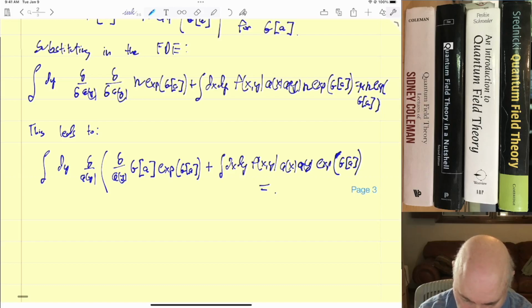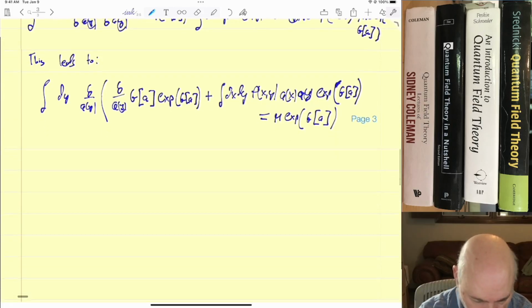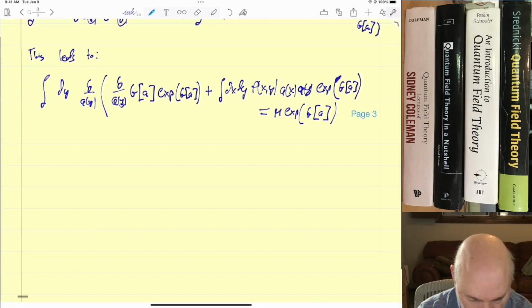This is equal to μ exp g(a). Now, let me just rewrite this. Just move something to the other side.